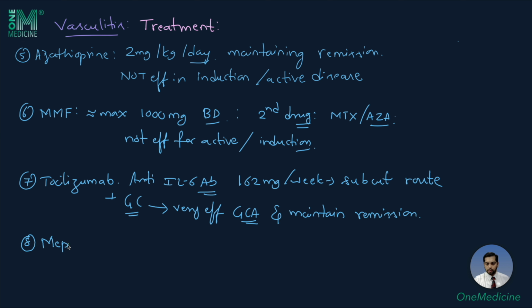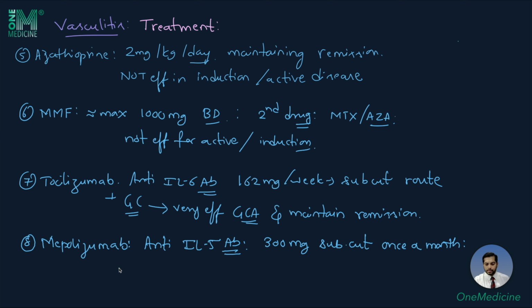Mepolizumab, which is an interleukin 5 monoclonal antibody, is used in the dosing of 300 milligrams given subcutaneously once a month, and has been shown to be effective in treating non-life-threatening eosinophilic granulomatosis with polyangiitis.